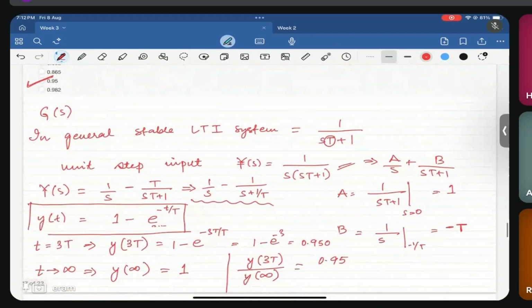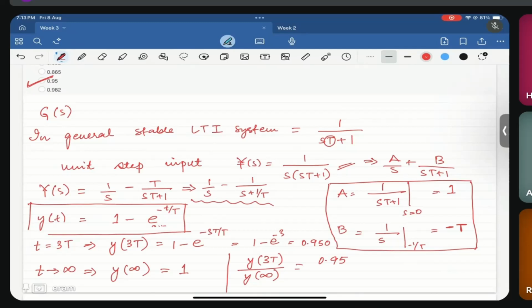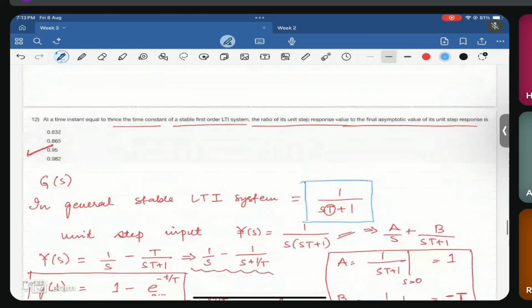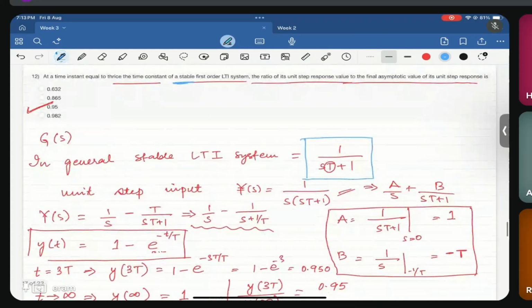Yes. So any doubt? And why we have considered this system? Because we were given a stable system. Stable means the pole should lie on the LHP, right?